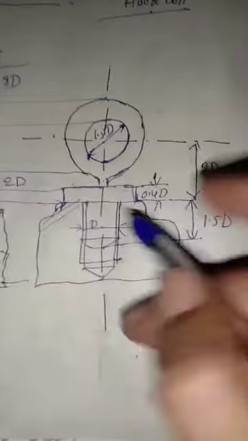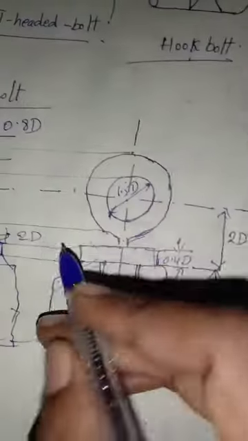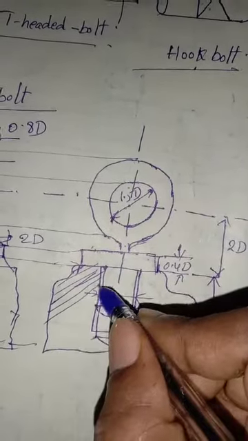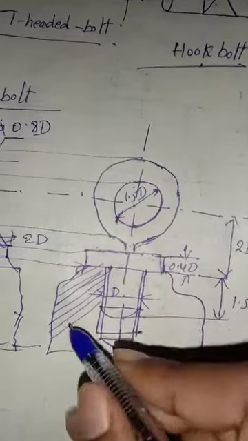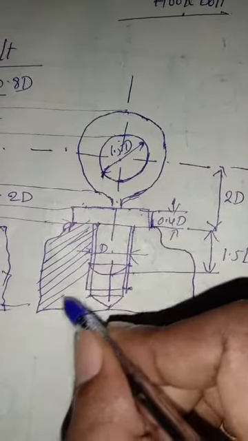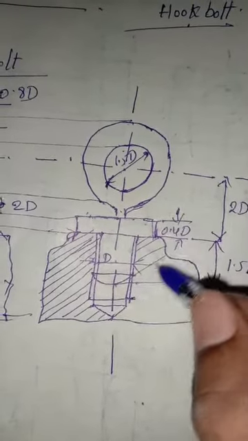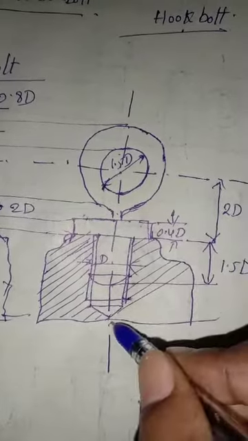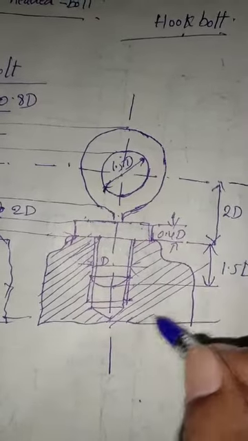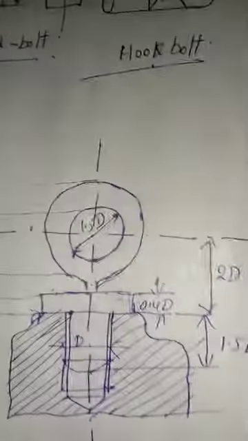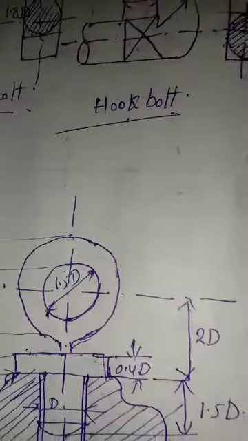Okay, now here I draw. Okay, going to hatching this. Okay, so now this is called eye bolt. Okay, some another bolts we are discussing in next class. Okay, thank you.